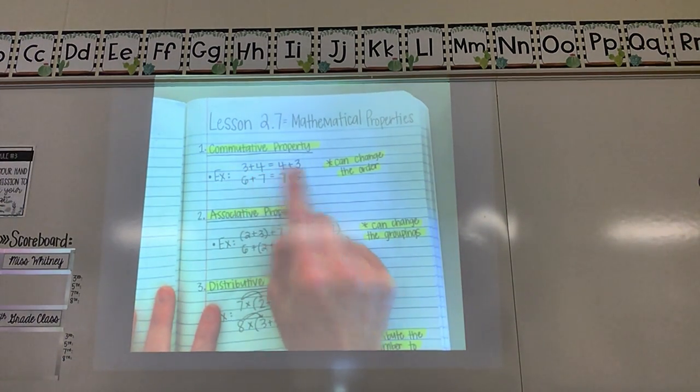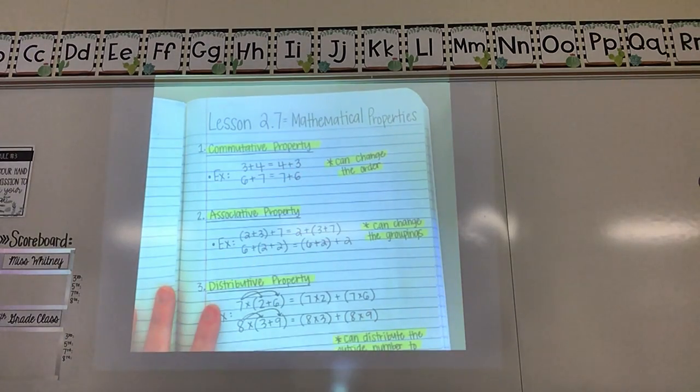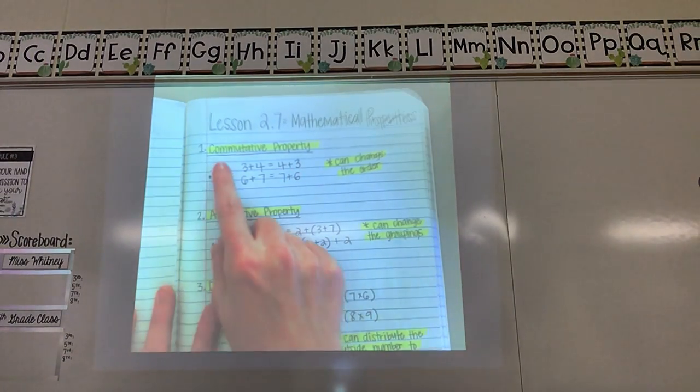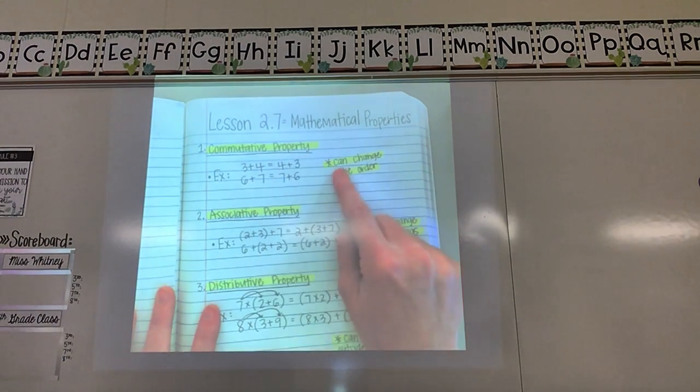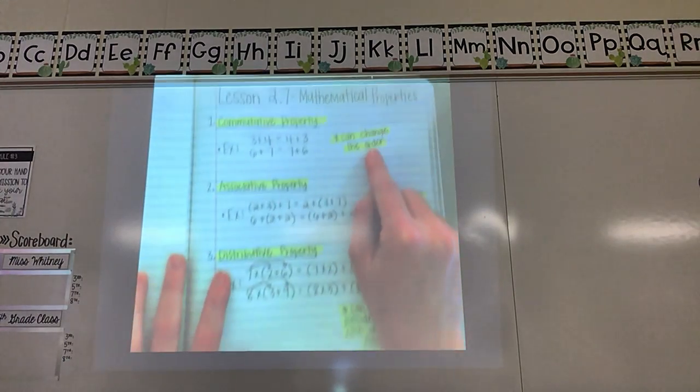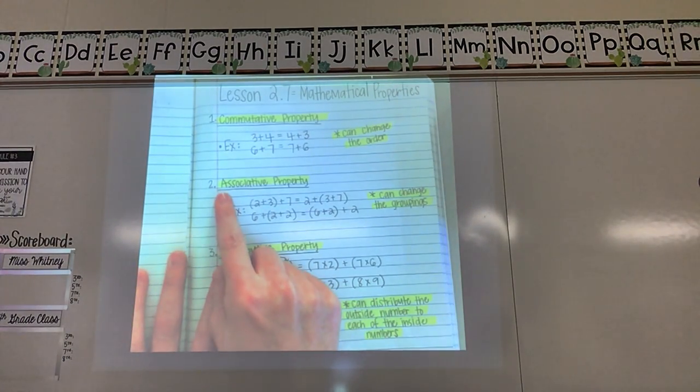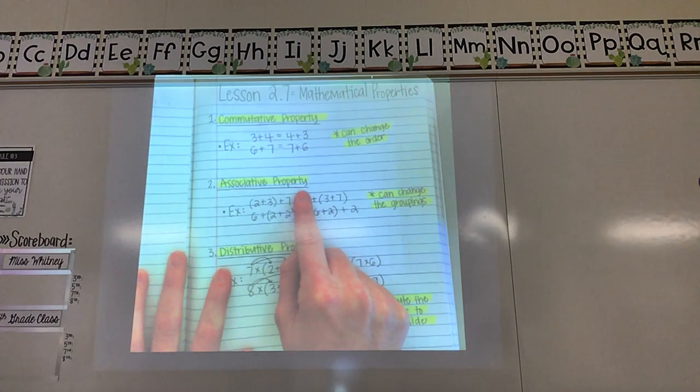All they're doing is changing the order of those numbers, and that's exactly what the commutative property means. The commutative property tells me that I can change the order of numbers when I'm adding them. We can always change the order of numbers when we are adding them to make our life a little bit easier.